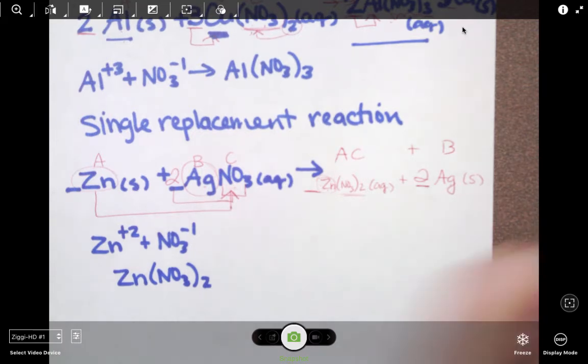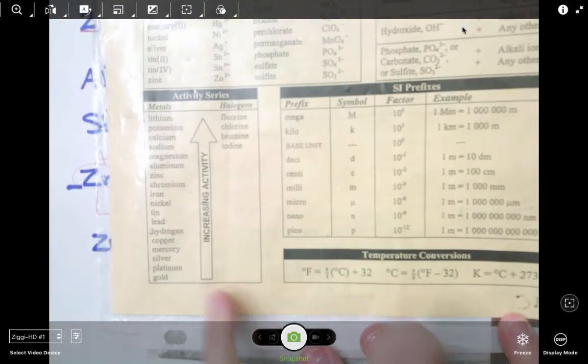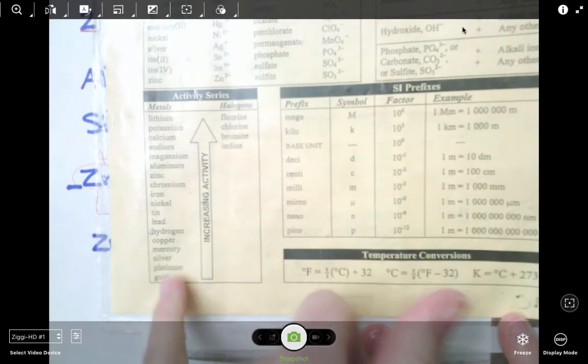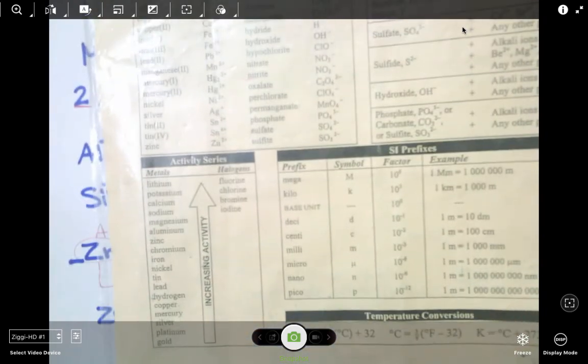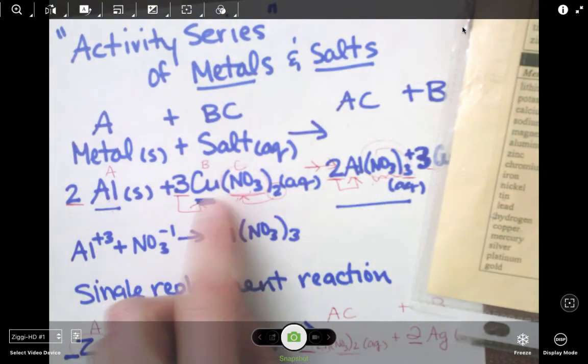Let me show you a trick. On the back side of your periodic table, there's something called the activity series. The activity series shows you increasing activity going up through metals and halogens. So let me show you how I knew that these reactions would happen. In my first equation, I put a solid piece of aluminum into a copper nitrate solution.